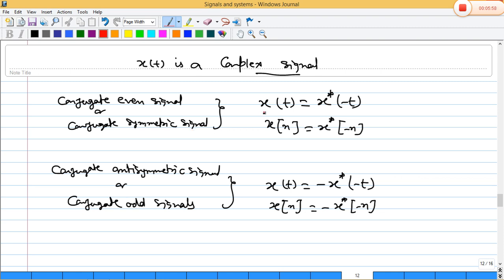A conjugate even signal is x(t) equals x conjugate of -t, or in a discrete-time signal x[n] equals x conjugate of -n. For a conjugate antisymmetric or conjugate odd signal, x(t) equals minus of x conjugate of -t, or in discrete time x[n] equals minus of x conjugate of -n.